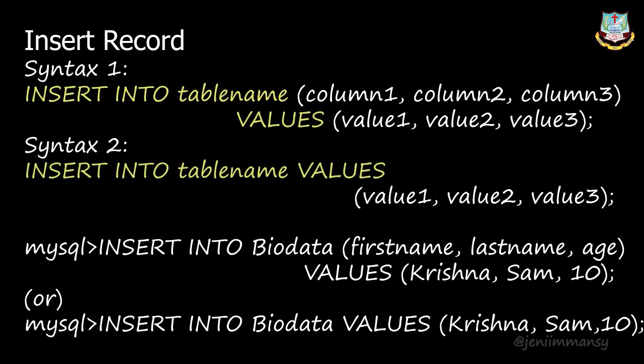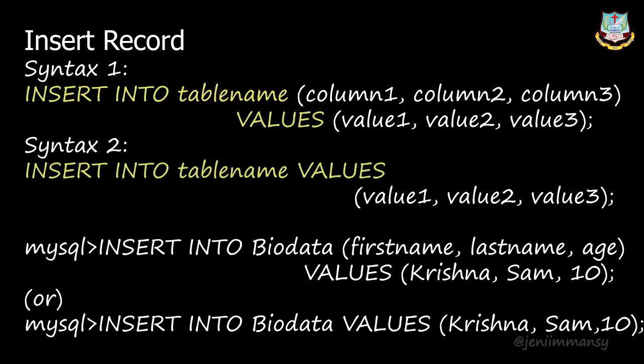Then next we have to give the values. Values, and then in the bracket we have to give Jenny, and then the age, and then the profession. Likewise we have to give the values inside the next bracket. Understood? See this example, then you will understand.